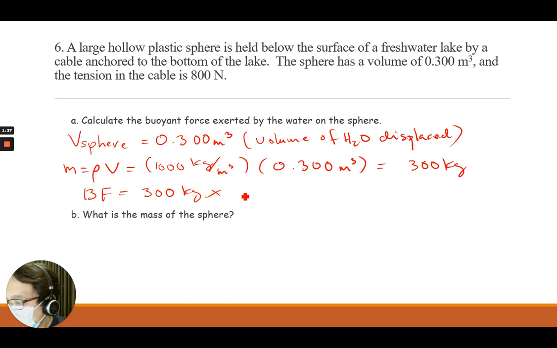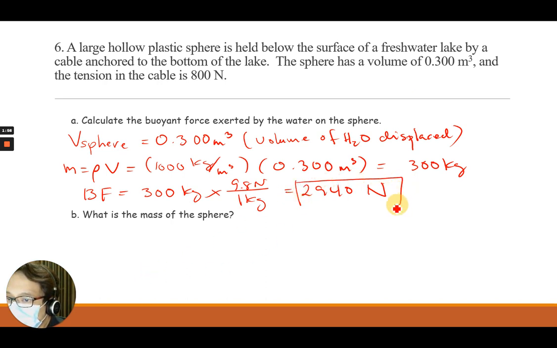So 300 kilograms times 9.8 newtons per kilogram will give us 2,940 newtons. This is already in 3 significant figures. The given volume is in 3 significant figures also. So 2,940 newtons.